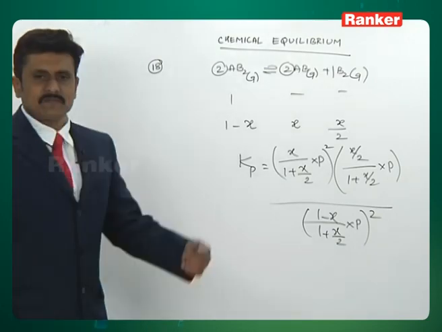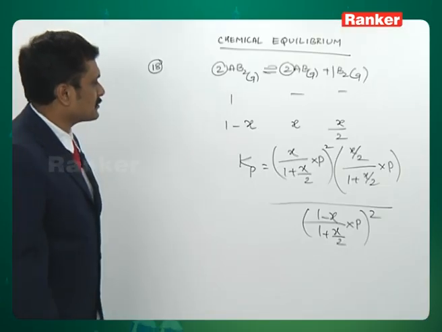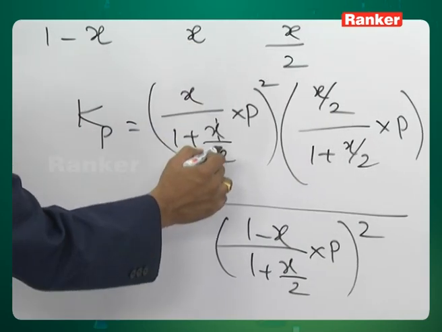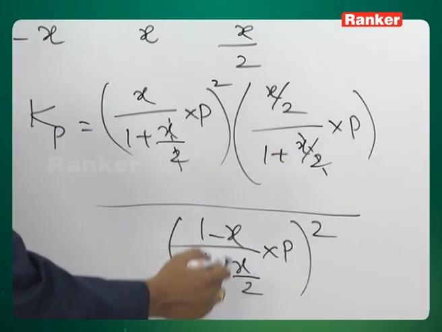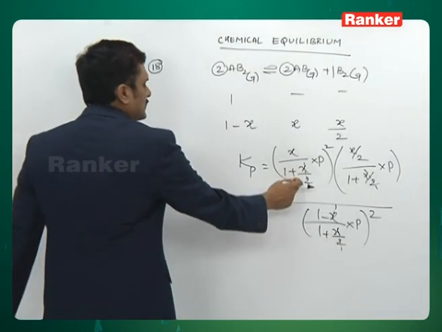Now when I am simplifying this expression, because you have to get an expression for Kp in terms of x and the total pressure P when the x value is very less compared to 1. You can see here when the x value is very less compared to 1, I can eliminate these terms compared to 1, because their values are too small.